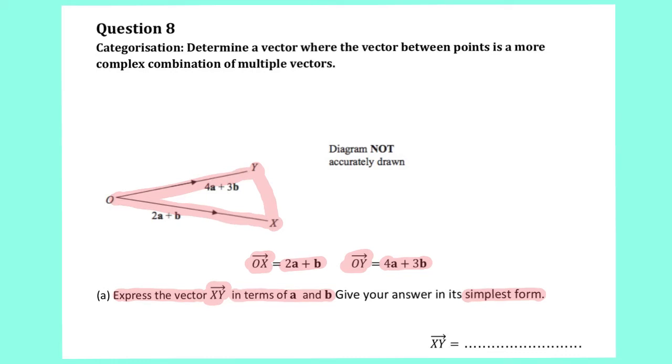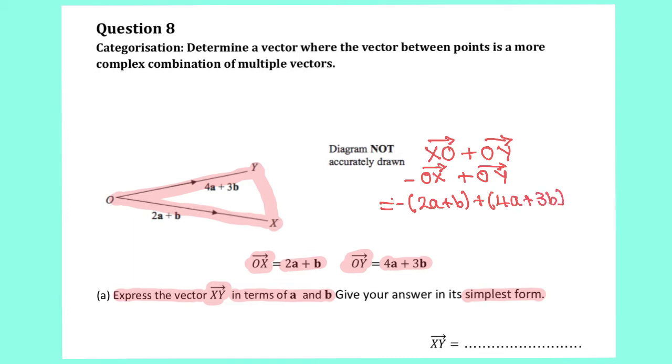So we want XO plus OY, where XO is equal to minus OX plus OY, which is equal to minus (2a plus b) plus (4a plus 3b), which is equal to minus 2a minus b plus 4a plus 3b, which is equal to 2a plus 2b.